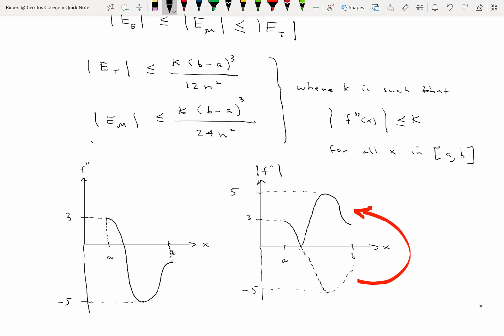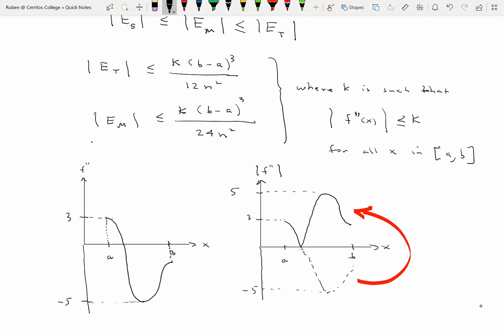So what would k be? What would the best possible value for k actually be? And if you're thinking 5, then you're correct. Absolutely correct, no pun intended. Now in my drawing, that 5 is the best possible value of k, but we don't have to choose that value.